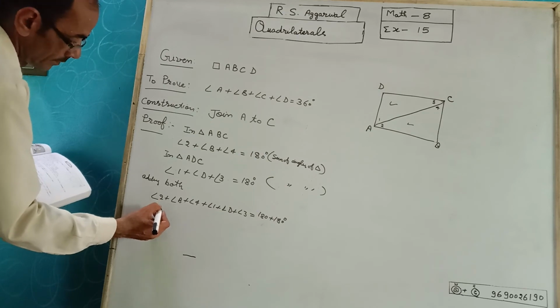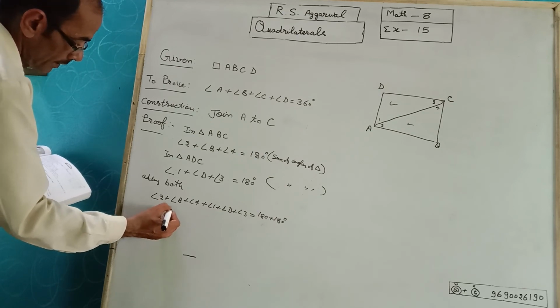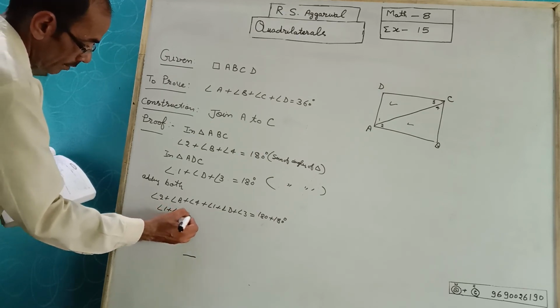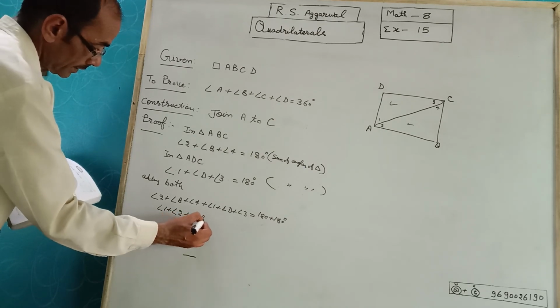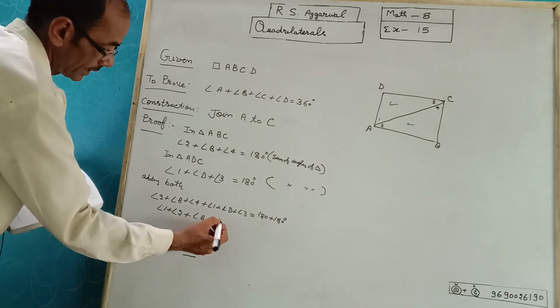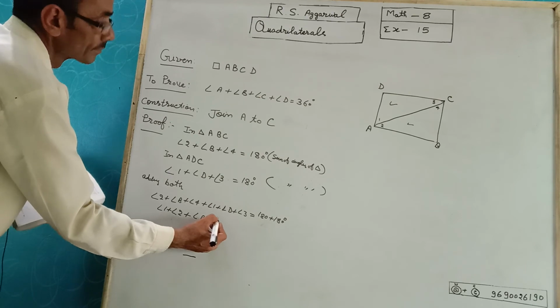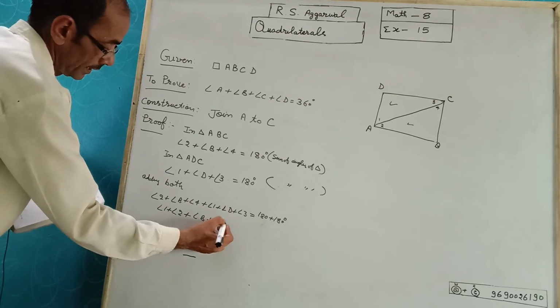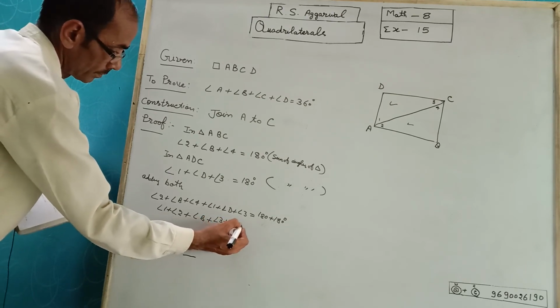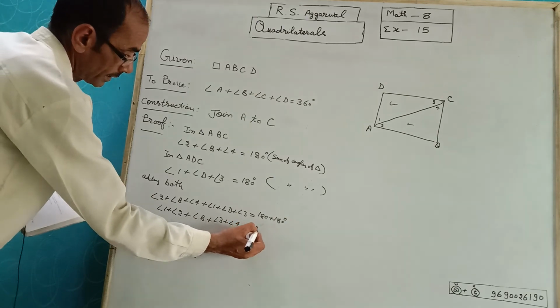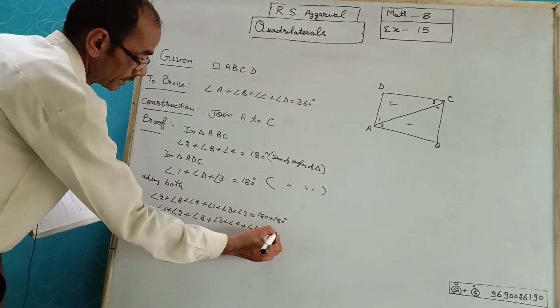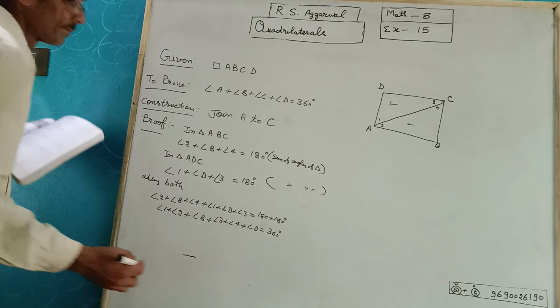Angle 1 plus angle 2 plus angle B plus angle 3 plus angle 4 plus angle D is equal to 360.